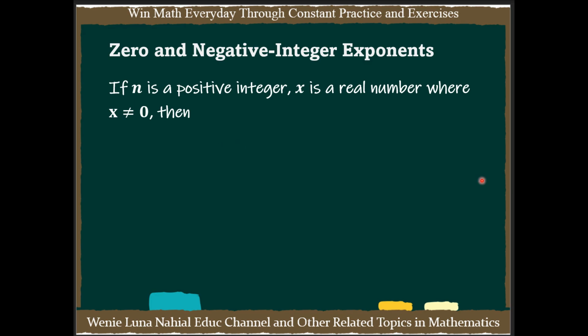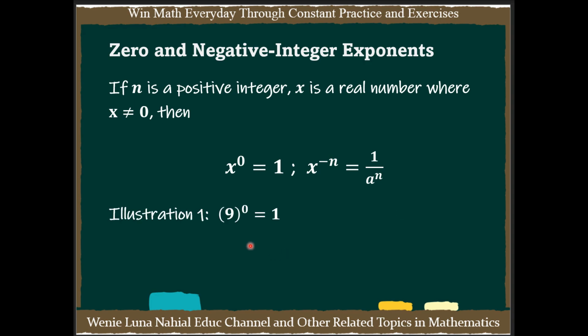Then x raised to 0 is equal to 1, and x raised to negative n is equal to 1 over x raised to n. For the illustration, we have here 9 raised to 0, that is equal to 1. And another illustration, 3 raised to negative 2 is equal to 1 over 3 raised to 2, that is equal to 1 over 9.